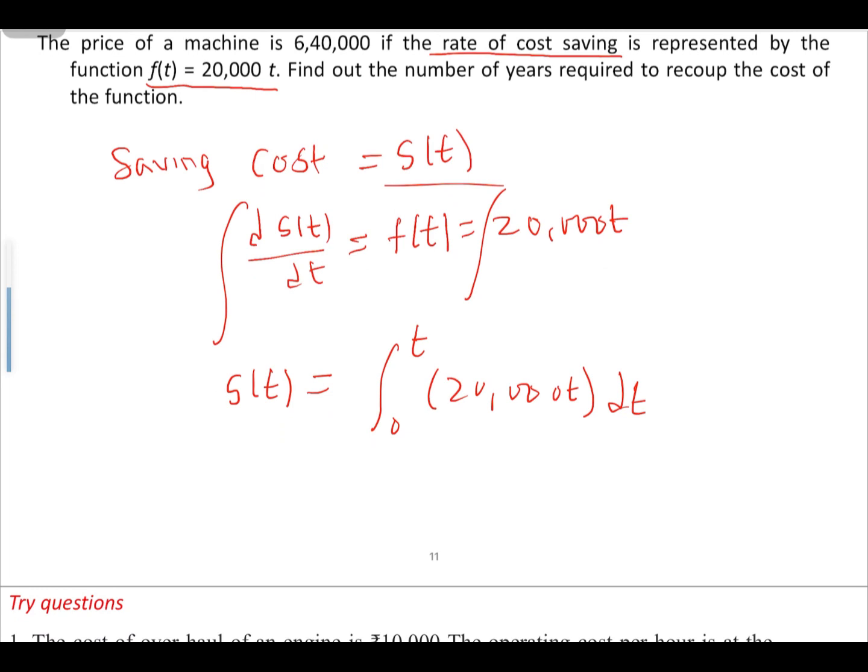So doing the integration, we are going to get 20,000 divided by 2 t to the power 2. And don't forget our limit is going to be 0 to t.